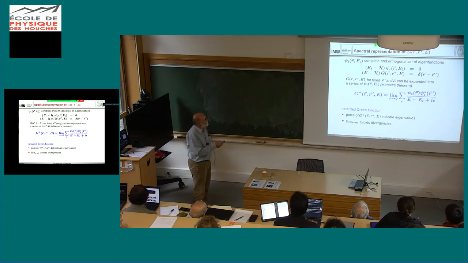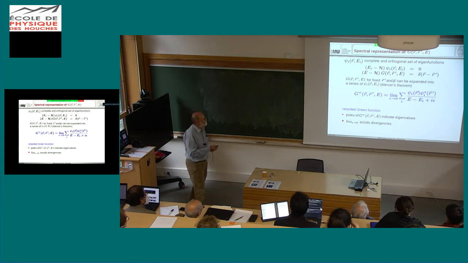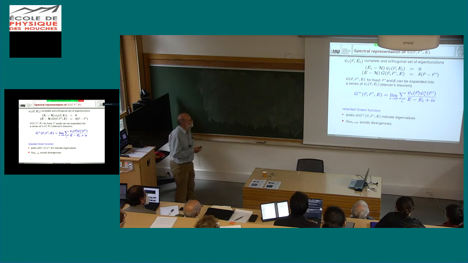So we were saying the Green's function is introduced by a second associated inhomogeneous differential equation, and it's connected due to that with a homogeneous equation. Now if we have solved the homogeneous equation, we are led to a set of eigenfunctions and eigenvalues, and this set is normally at least complete and orthogonal.